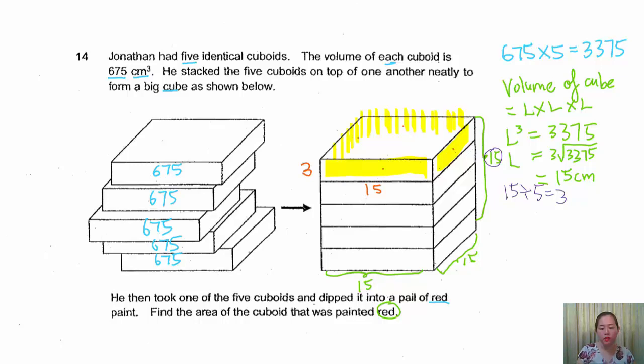So it will be 15, which is the length, times the breadth, which is 3. And since there are 4 of them, we multiply by 4. And it's equal to 180 cm squared.